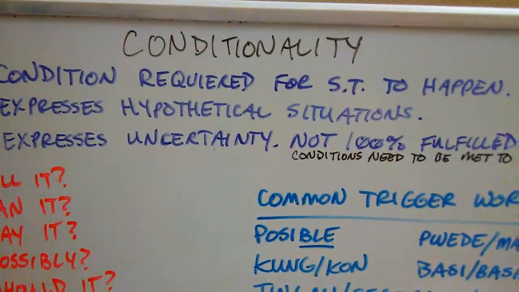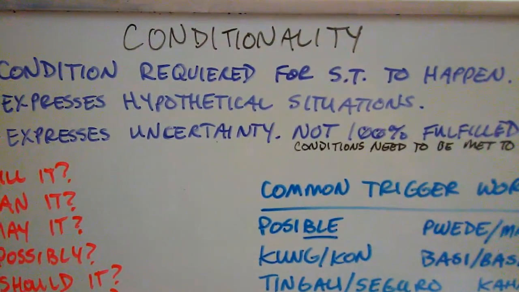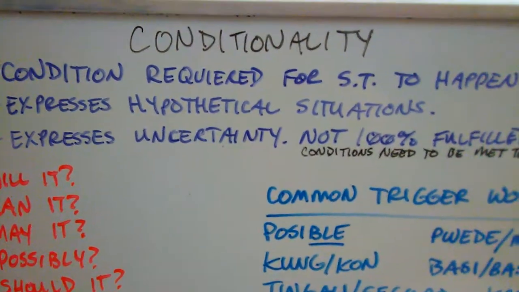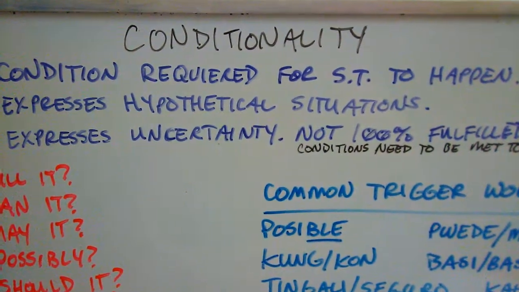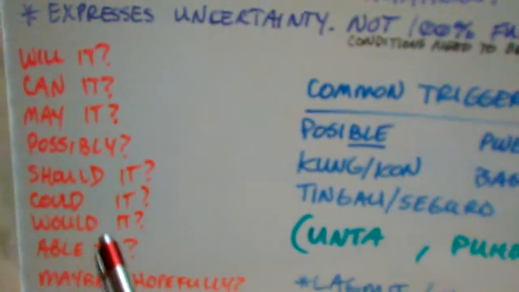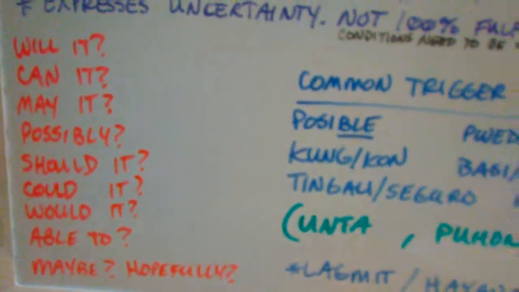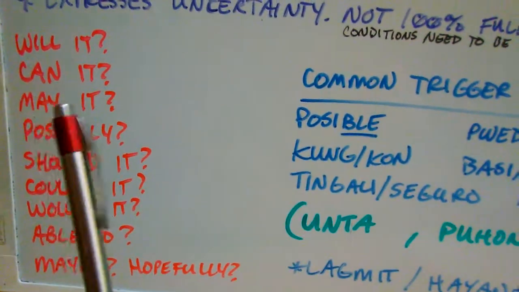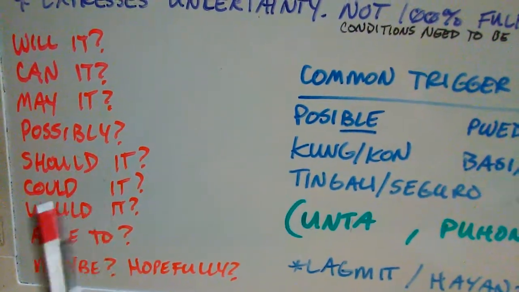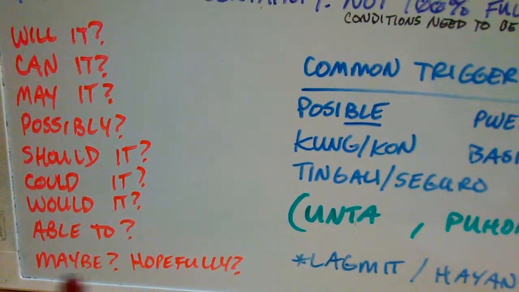But if we're just talking about conditional statements, it's just a statement, right? Those conditions haven't been met. They're just stating a condition. So keep that in mind, okay? Some common things to answer with these conditional statements would be things like will it, can it, may it, possibly, should, would, could it, able to, hopefully, maybe.